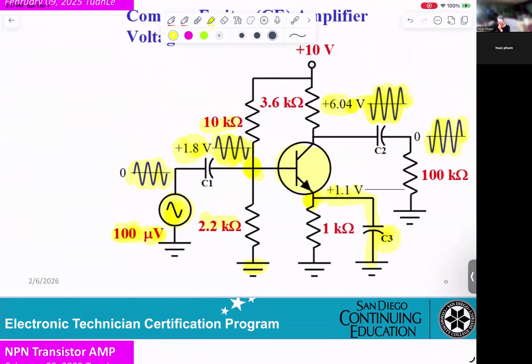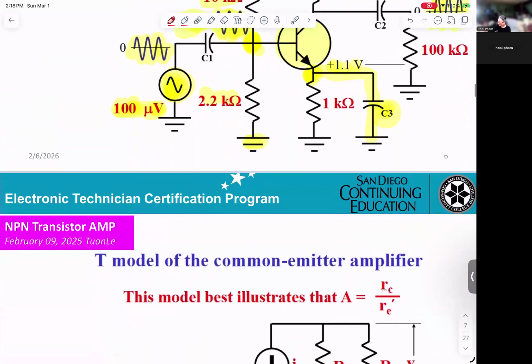However, we already told you that for DC, you don't have a power supply. All the power supply will be grounded. That has to be connected to ground.